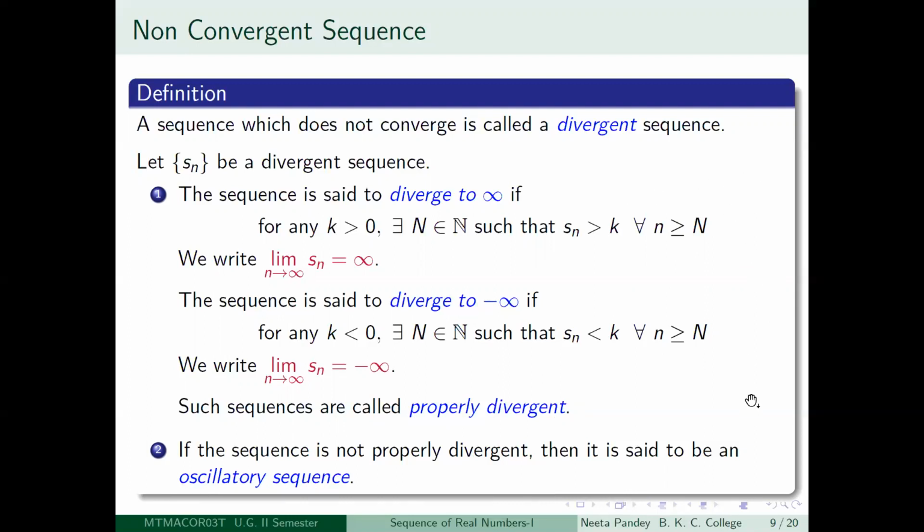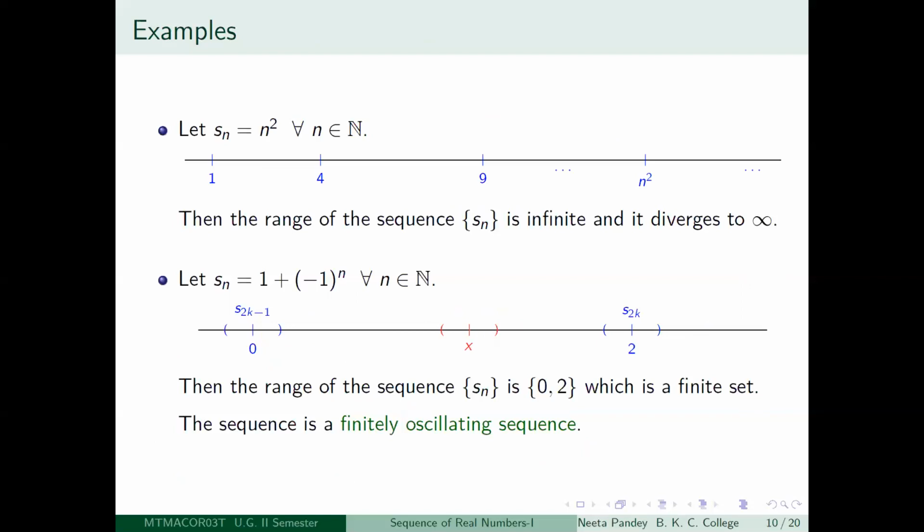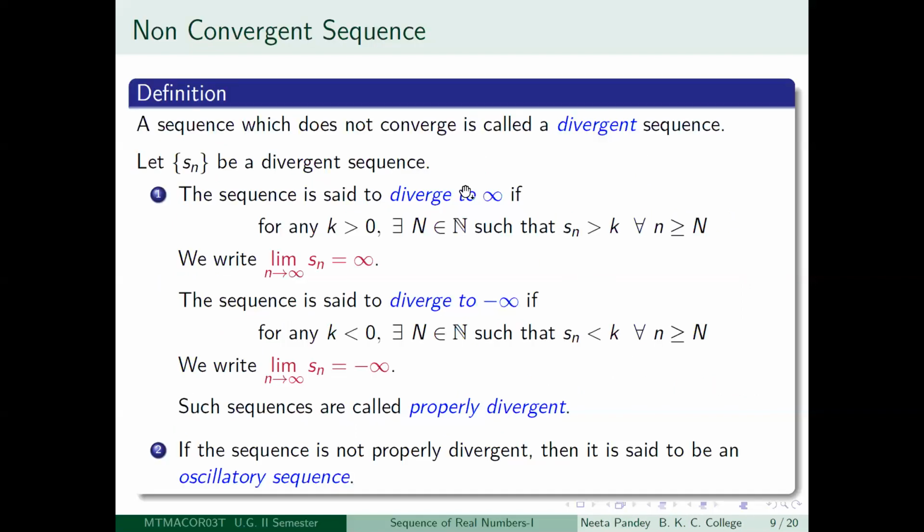Okay, so to understand these notions a little bit better, we'll look at some examples. Before that, notice one thing: when you're talking about diverging to infinity and diverging to minus infinity, suppose I take a sequence which diverges to infinity, and I take the negative of those terms, so instead of Sn, I take minus Sn.